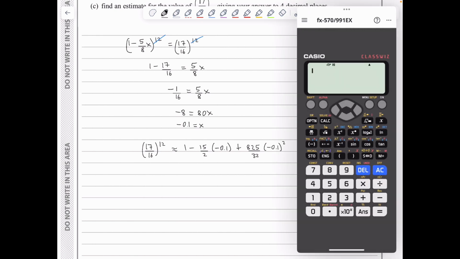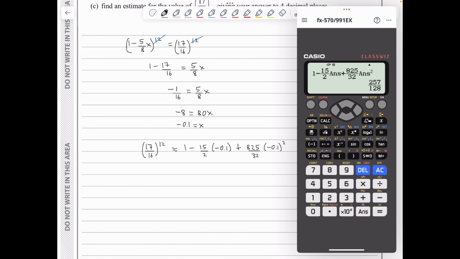I'm going to press negative 0.1. I press the equal sign. I have just stored the value of x on my answer key. So we're looking at 1 minus 15 over 2 times the ans plus 825 over 32 times the ans to the power of 2.